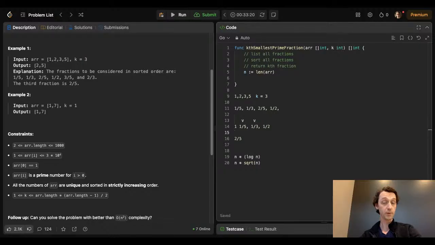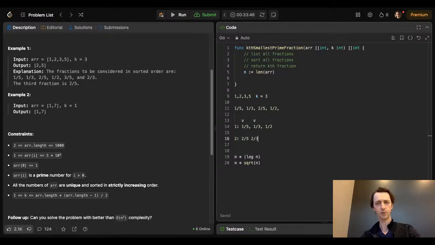Then we know this 2/5, and we'll use binary search over the rest of the 2s, 2/3.